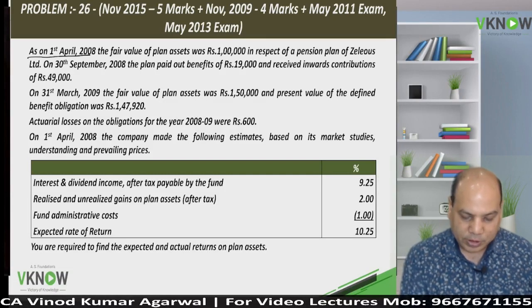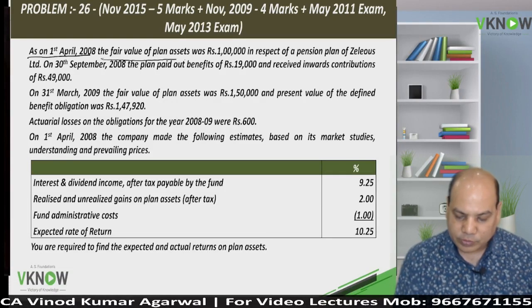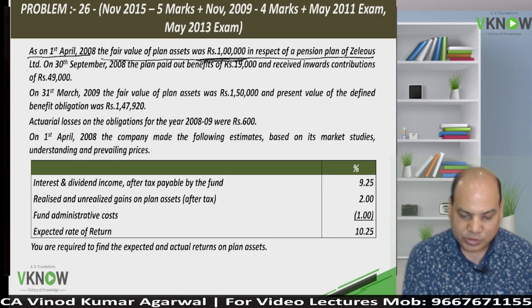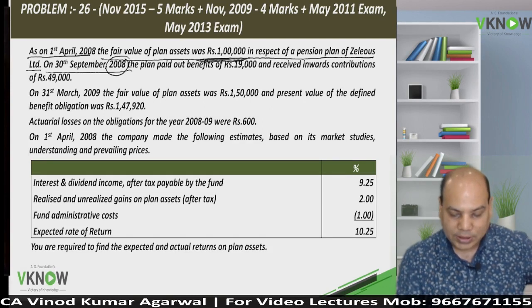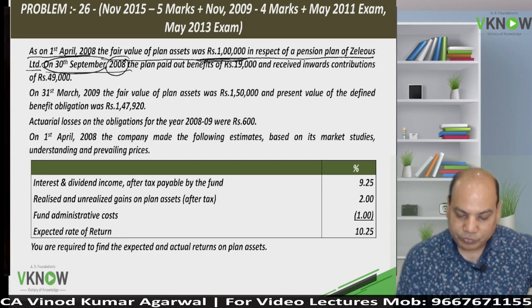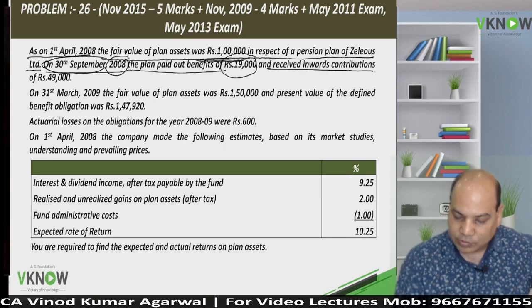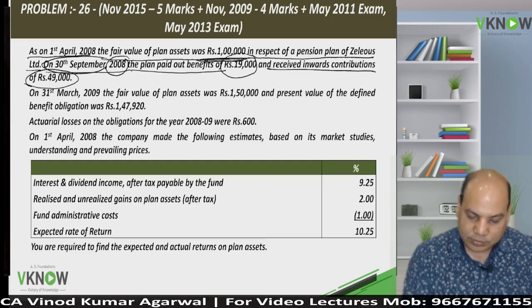On 1st April 2008, the fair value of the plan asset was 1 lakh in respect of pension plan of Zealous Limited. On 30th September, same problem again, the plan paid out benefit of 19,000 and received contribution of 49,000.